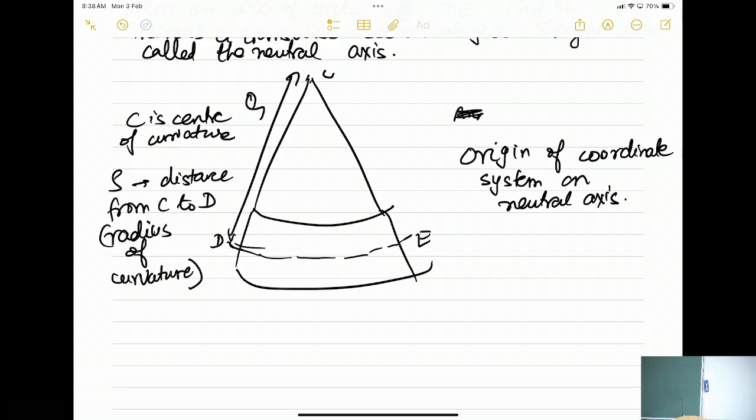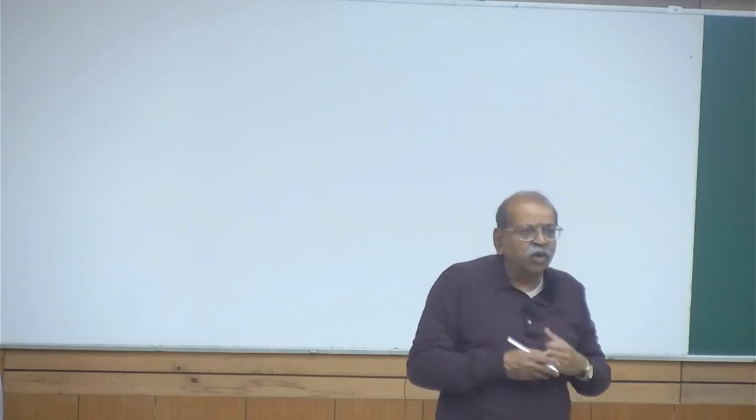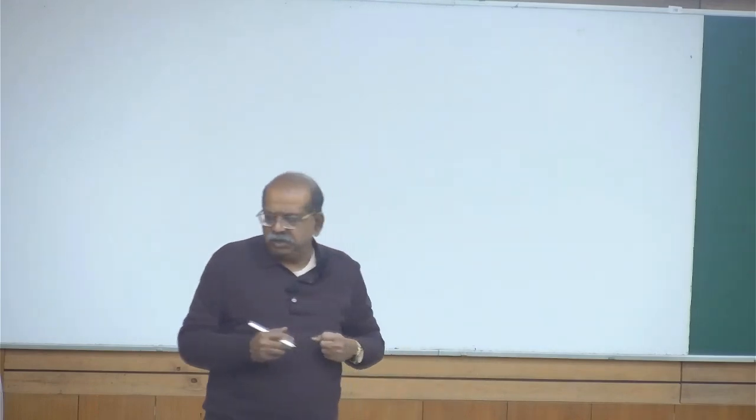So we now place our axis on the neutral surface, and C is the center of curvature, and the distance from C to D is what we call rho, the radius of curvature.